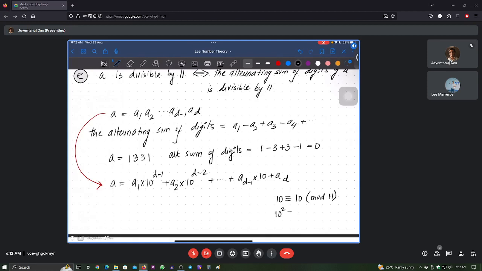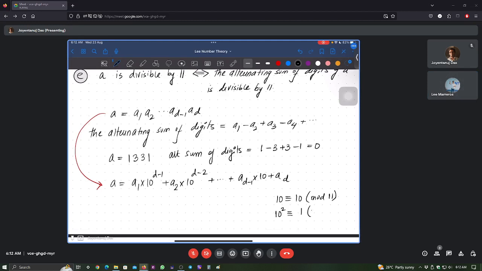So 10 square equals to... okay, so that would be 1. Yes, 10 square is 1.